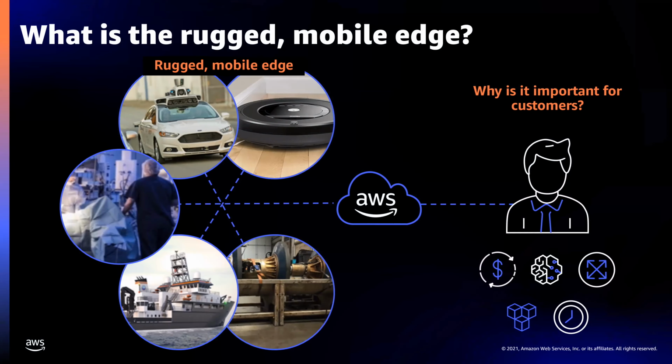So let's remember what use case we're going after here with the Snow family. It is what we call the rugged mobile edge. The rugged mobile edge is: I don't know what connectivity I have, I may have remote users, I may be developing my own applications where I need low latency access from mobile devices or IoT sensors. That's the use case we're going after with AWS Snow.